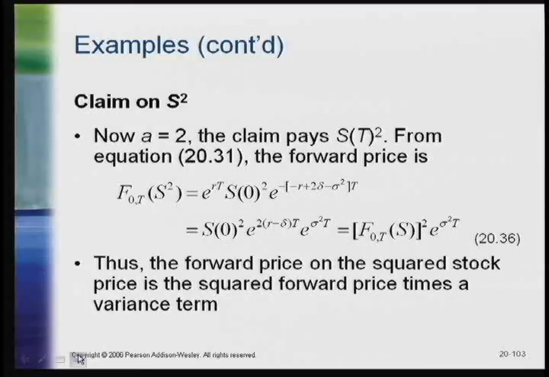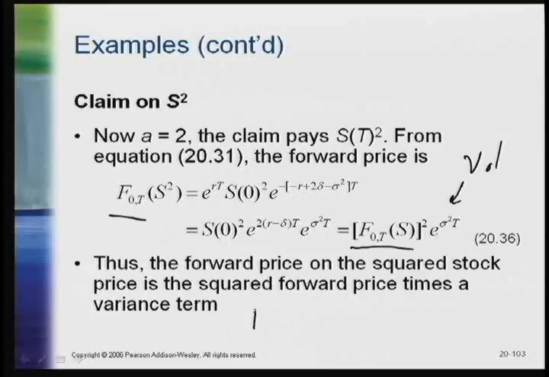And we conclude that the forward price for S squared is the forward price for S, squared, and then there's a vol factor. So what we conclude is that the forward price for S squared is bigger than the forward price for S raised to the square. And that's because, and we'll see in a moment, of the volatility of stock prices and the convexity of the square function.